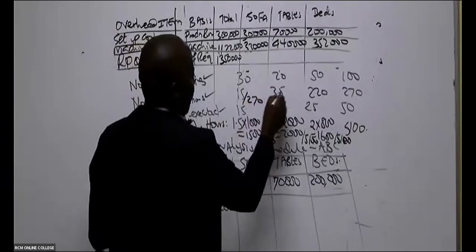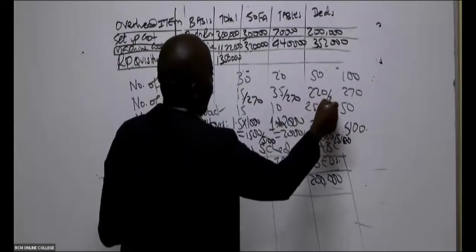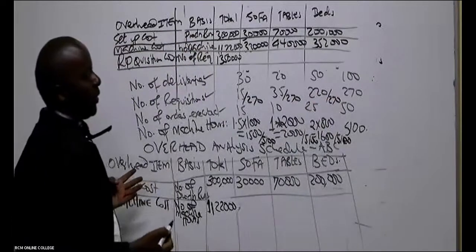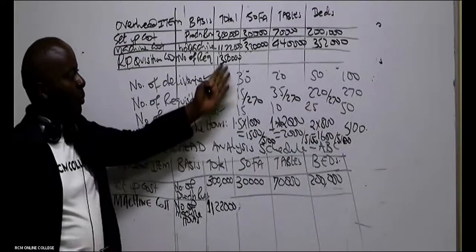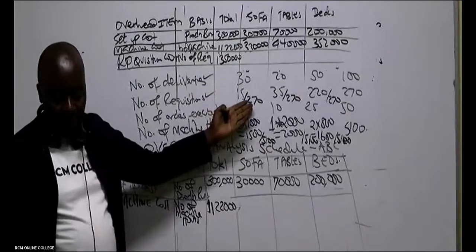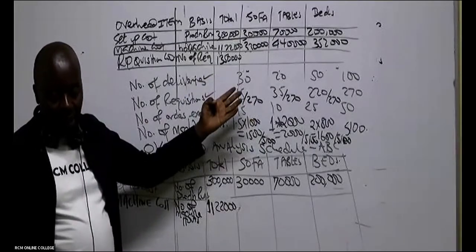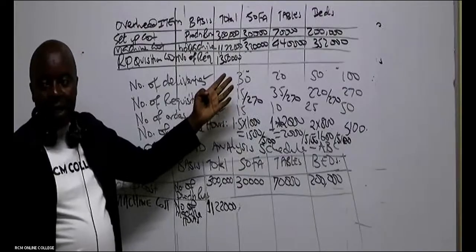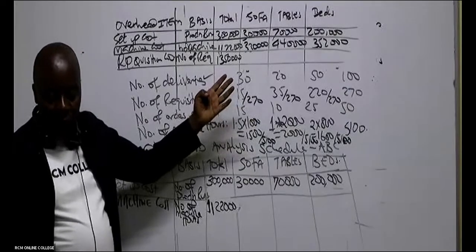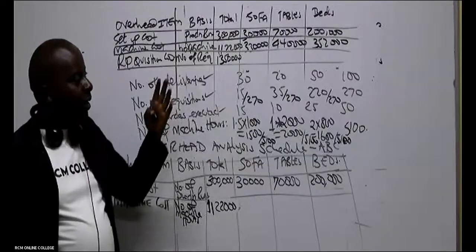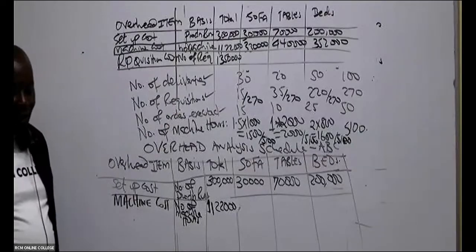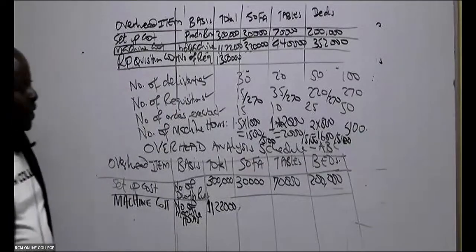So 15 over 270, 35 over 270, and so on. The first one, sofa set, will be this times 15 over 270. Cynthia already has an answer. Oh, it can't be that big. What did you do? 75,000.